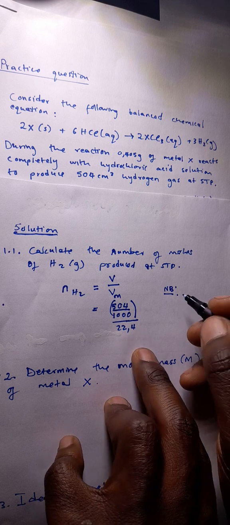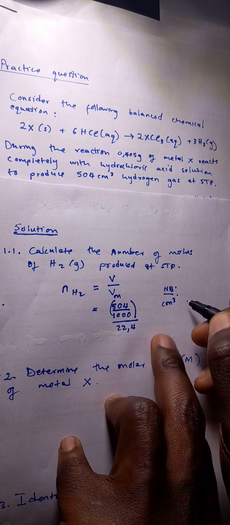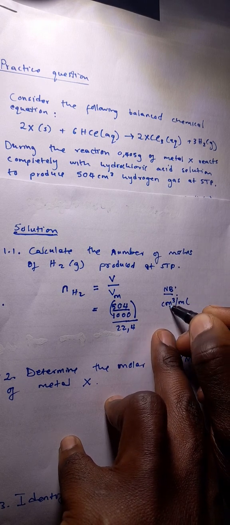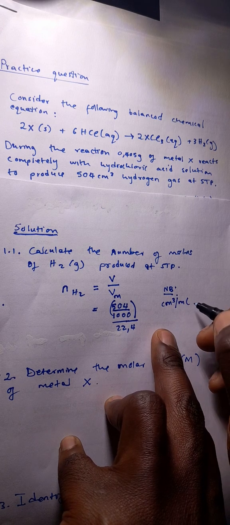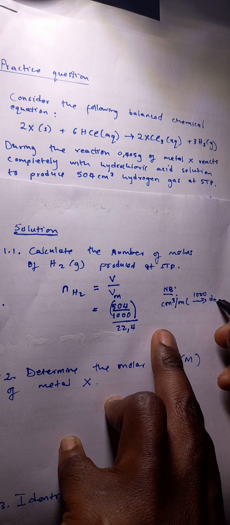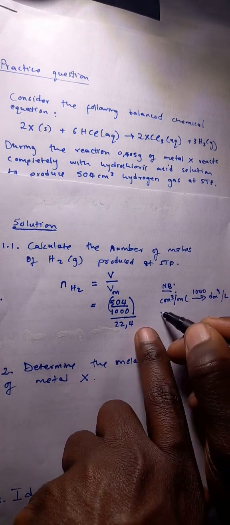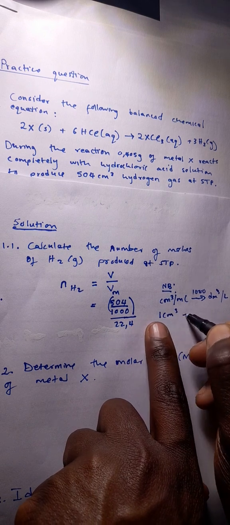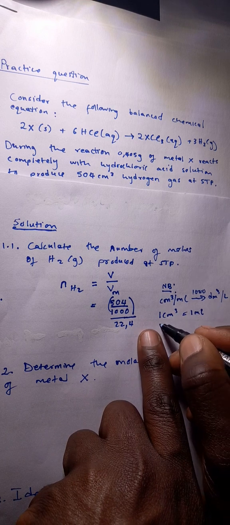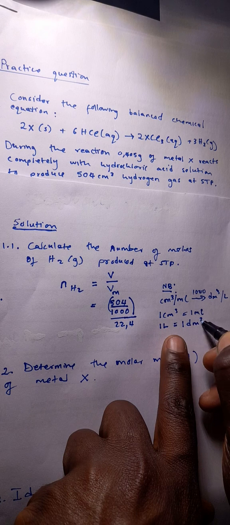If you're converting from cubic centimeter or milliliter, you must divide by 1,000 to change it to cubic decimeter or liters. Note this: 1 cubic centimeter is exactly 1 milliliter, and 1 liter is exactly 1 cubic decimeter.